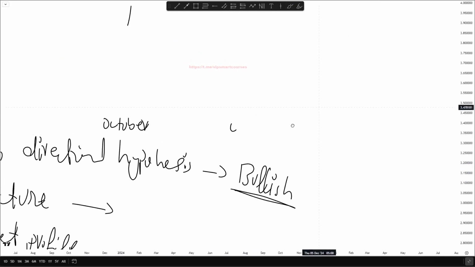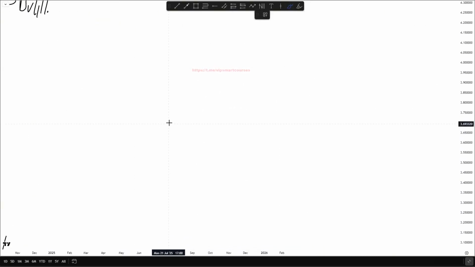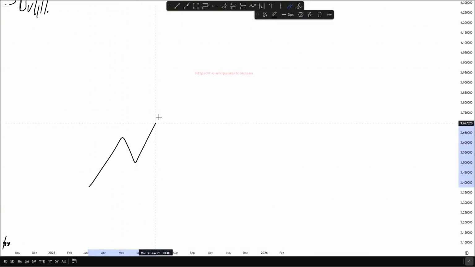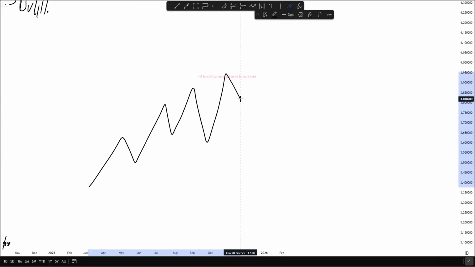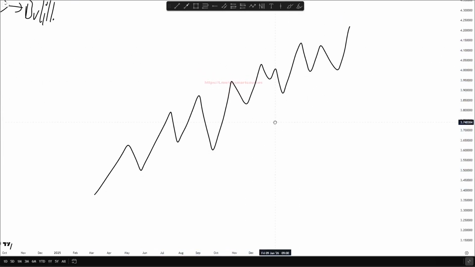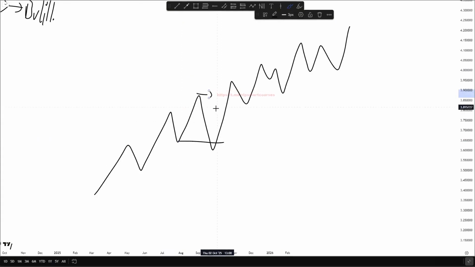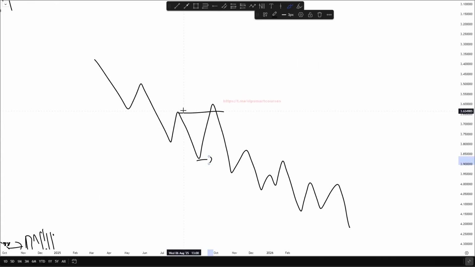And what that means is that we will use the concepts of market structure and liquidity metrics to essentially determine whether we are moving in a bullish trend or a bearish trend. And we do that by looking at the key highs and lows and seeing whether price is rejecting below lows and breaking above highs, or is it doing the opposite and rejecting above highs and breaking below lows.